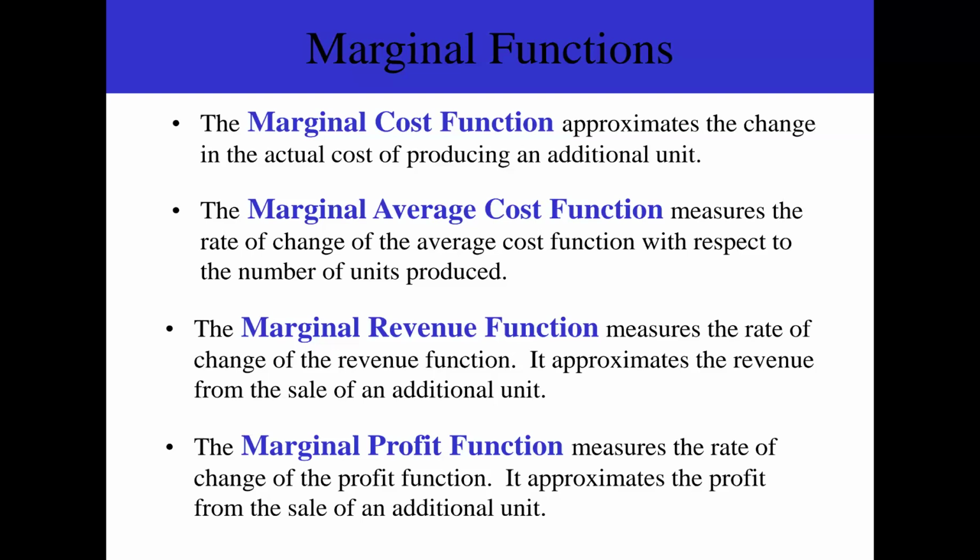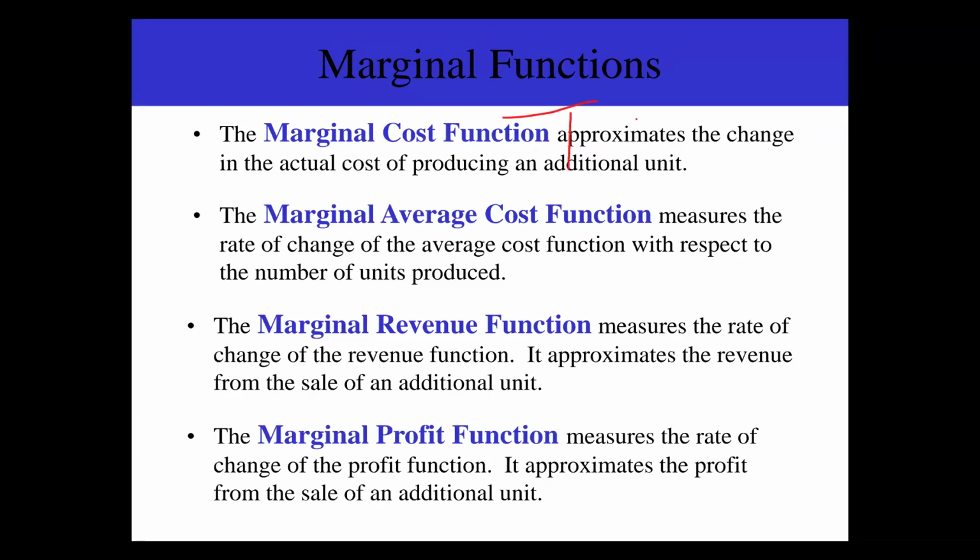Now, what the marginal cost function does, it approximates the change in the actual cost of producing an additional unit. That is what marginal cost does. And so, if you want to find the marginal cost function, given the total cost function, right? You're given a total cost function, maybe it's 2q squared plus 4q.